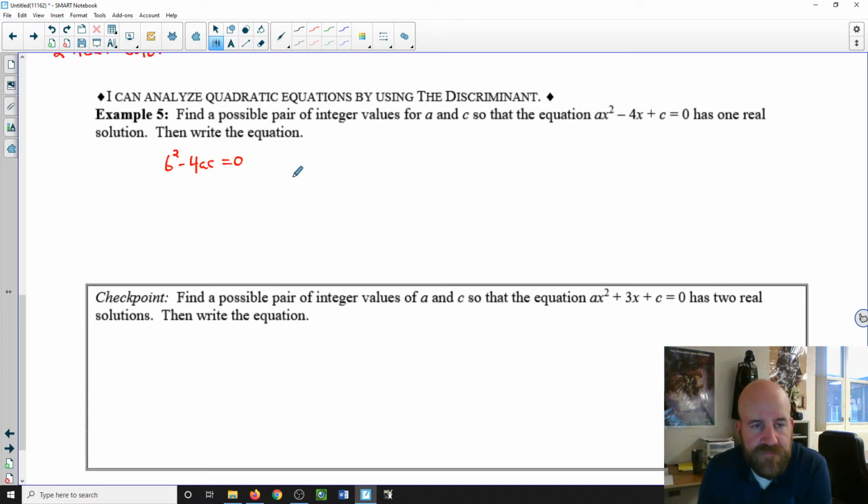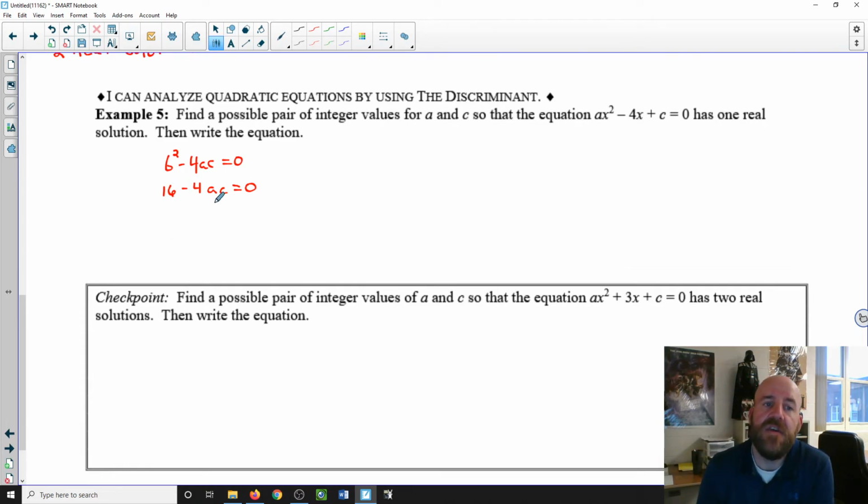Okay? Now we do know a b value. We have -4 here. So we're going to plug this into the discriminant. So -4 goes here. We get -4 squared is 16 minus 4ac equals 0. Okay?